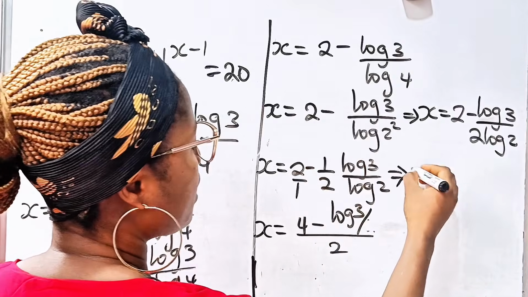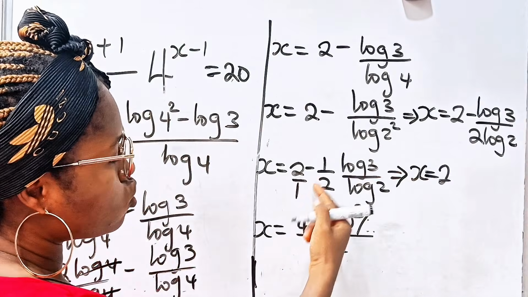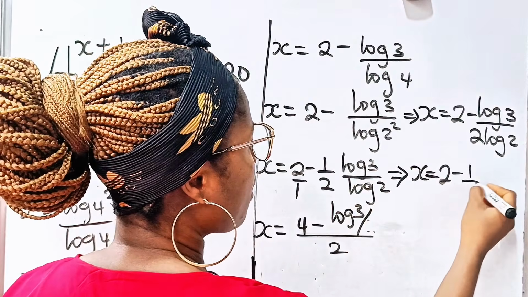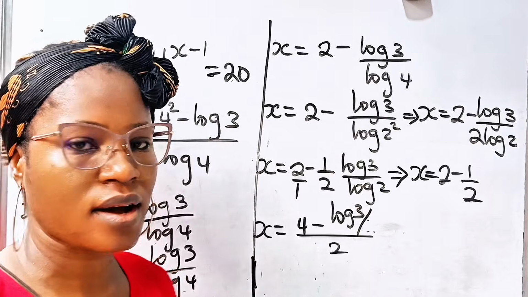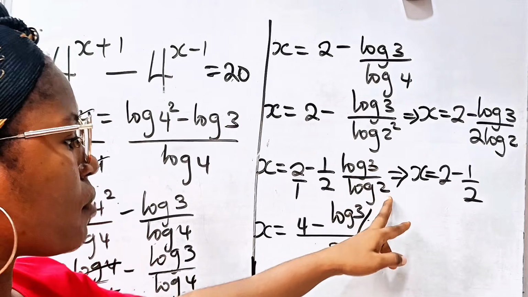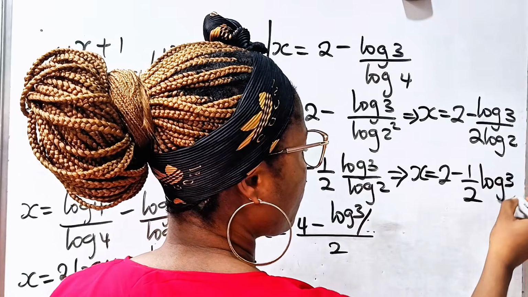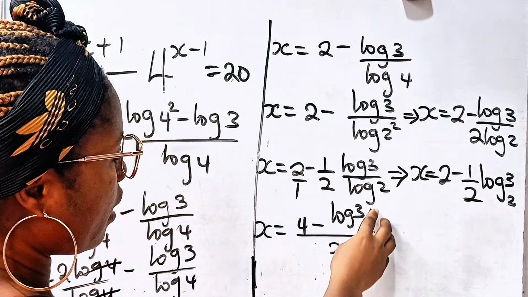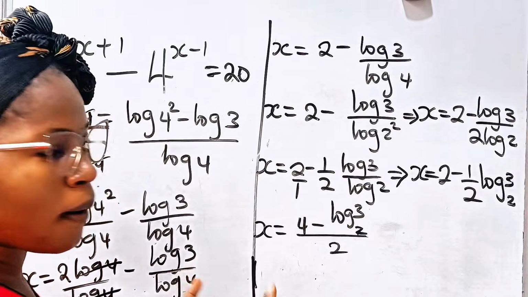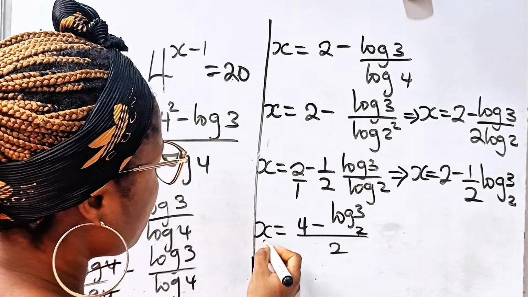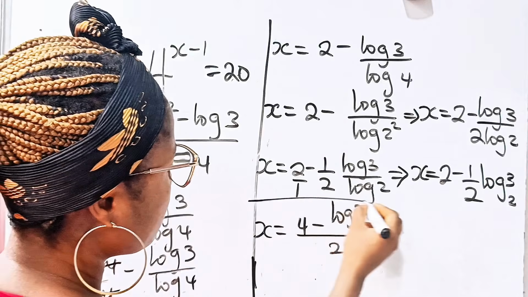So we can write this as x is equal to 2 minus a half. Now this log 3 divided by log 2, by change of base, we can write as log 3 base 2. So we write this as log 3 base 2 so that it will look better as our x. Therefore, our x is equal to 4 minus log 3 base 2, divided by 2.